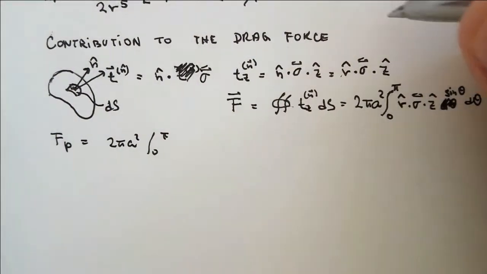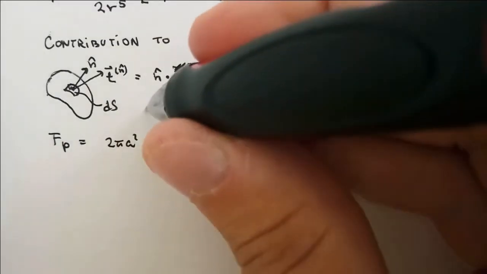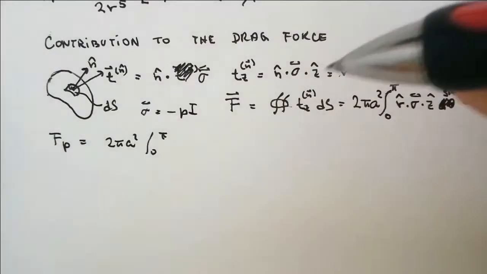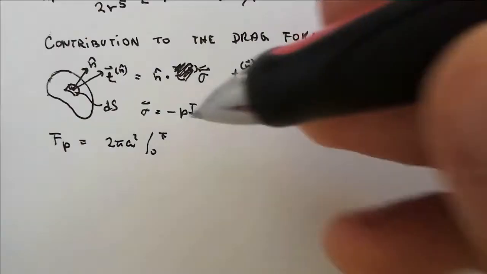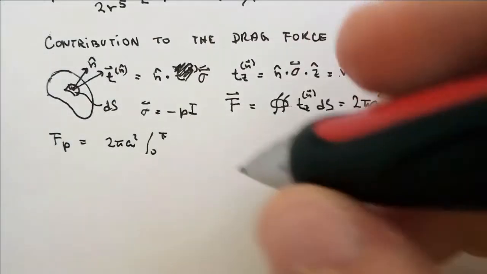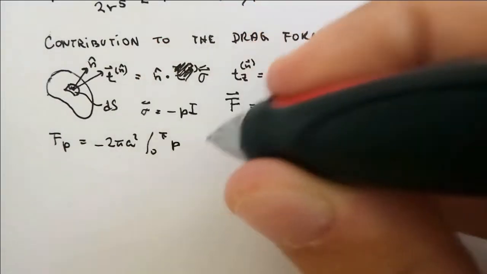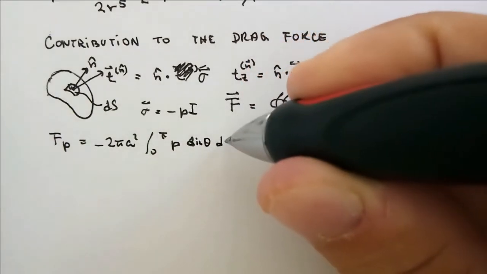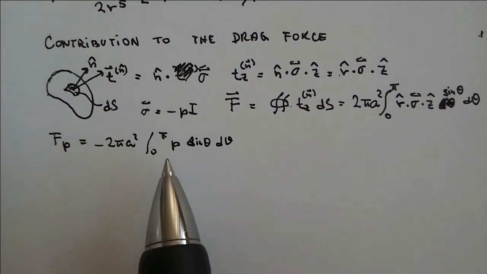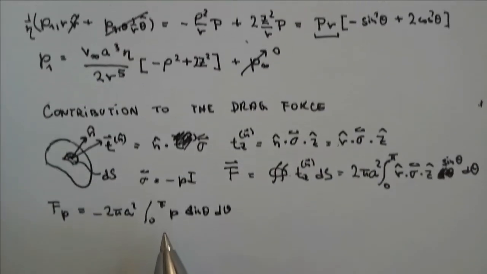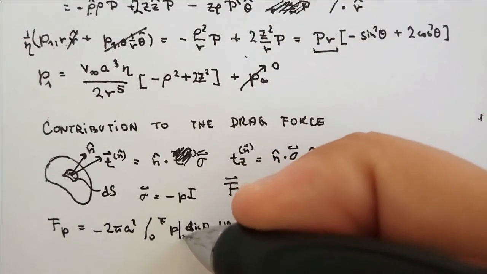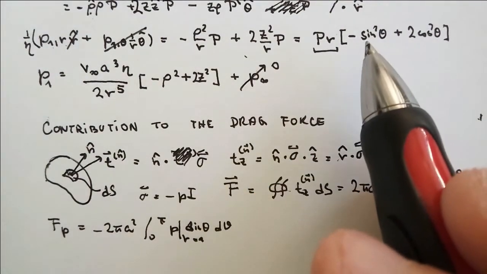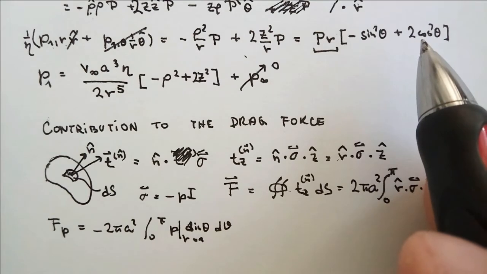The first term is proportional to the pressure, minus the pressure times I. So this is minus P sine theta d theta. Now we know that the pressure is a function that should be computed at r is equal to a.